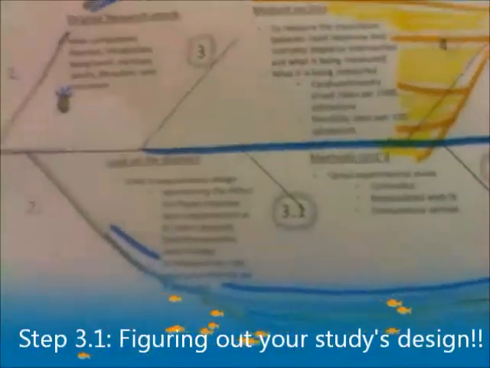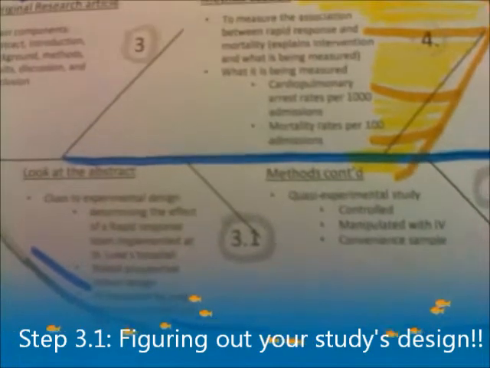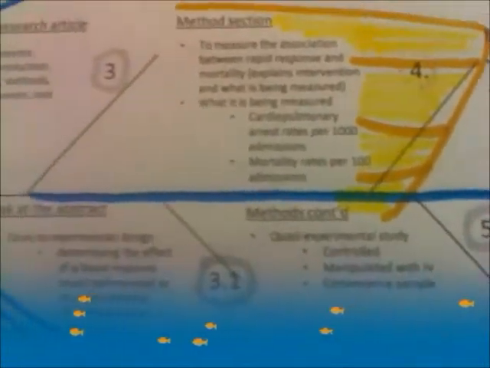That brings us to a sub-step of step 3, step 3.1, which was figuring out through the method section what type of study we have. Besides it saying in our article that it's a quasi-experimental study, we also thought about what that kind of study is, and this type of design has 2 of the 3 components of a randomized control trial.